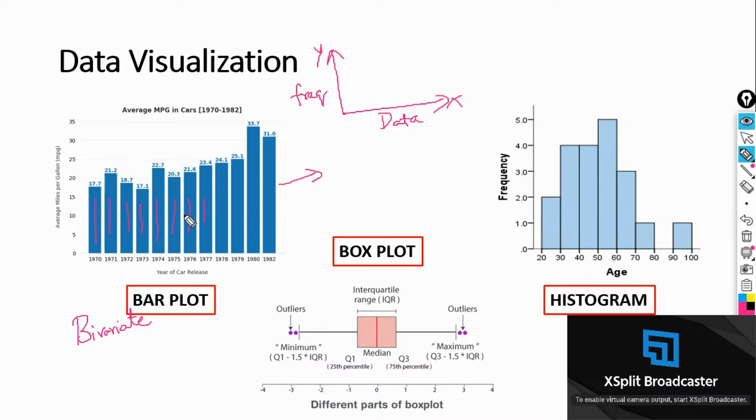But in general, bar plot is not a good visualization. Why? The reason is bar plot is not an ideal plot for large data. When you have more number of rows, more number of records, these bars get congested and get converted to lines, one after the other.